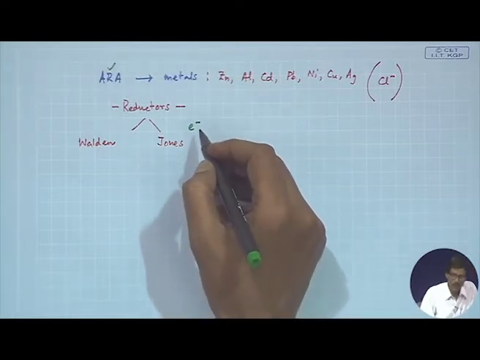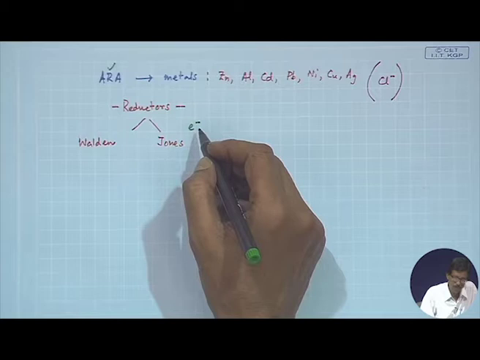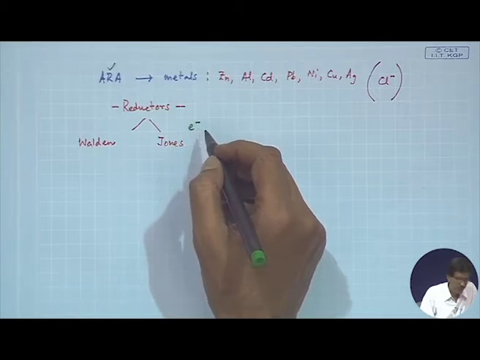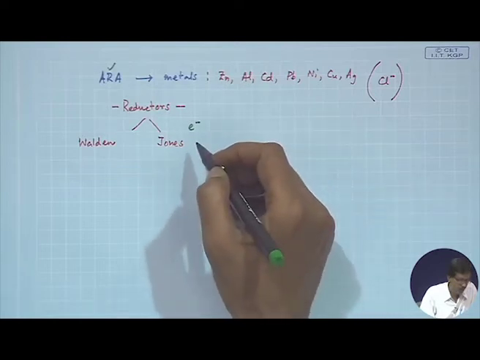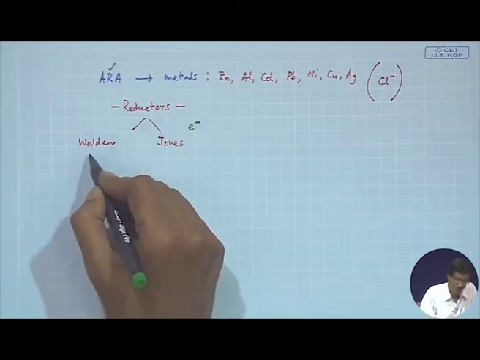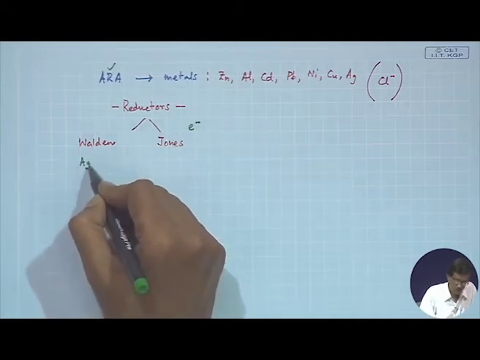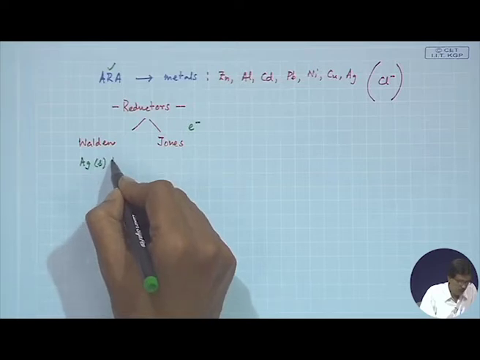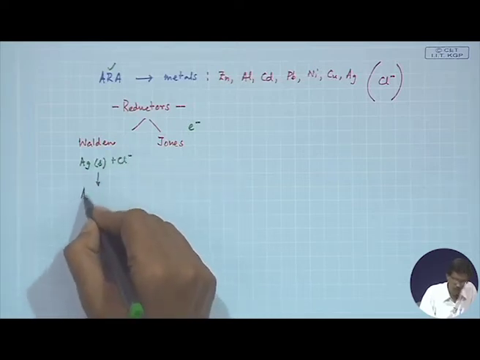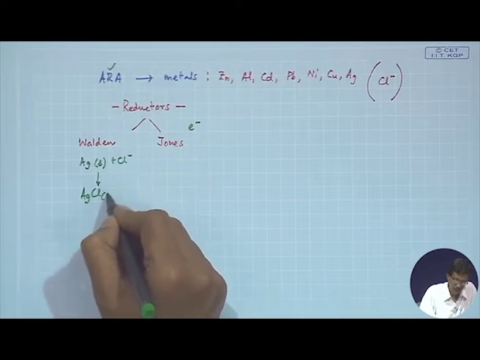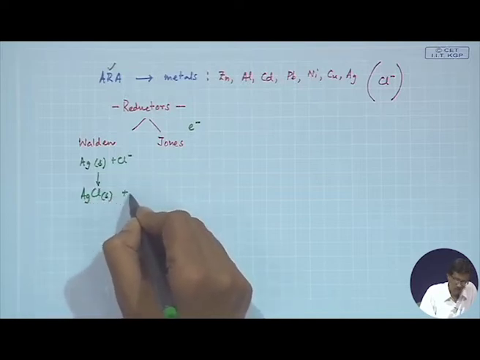So, this auxiliary reducing agent supplies electrons to the species such that it can be reduced to one particular oxidation state like that of your ferric ion. So, the Walden reductor is based on solid silver and Cl-, the reaction being: Ag + Cl- forming AgCl solid plus an electron.